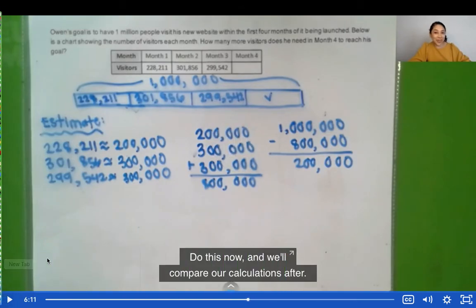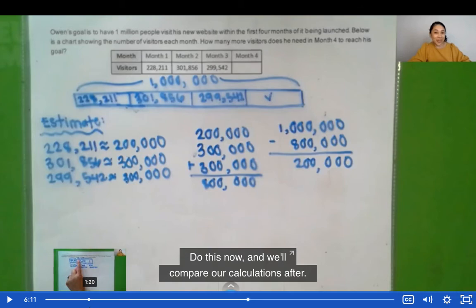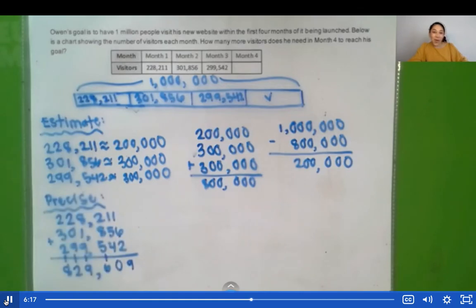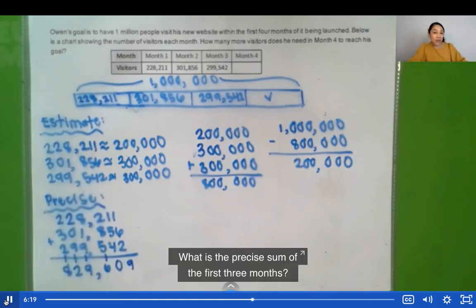So go ahead and find the exact answer for how many more visitors he needs to reach 1 million people. What is the precise sum of the first 3 months?